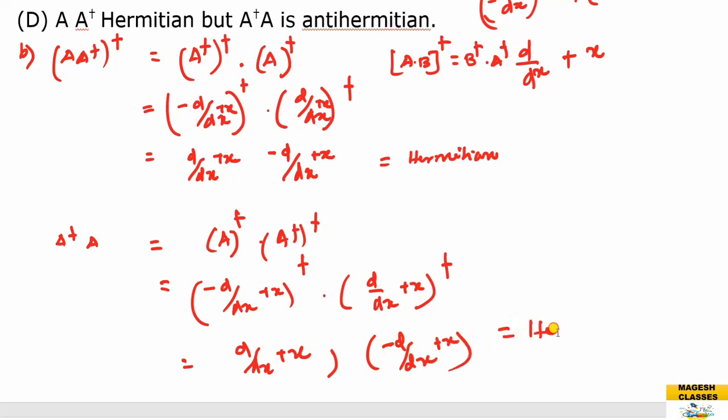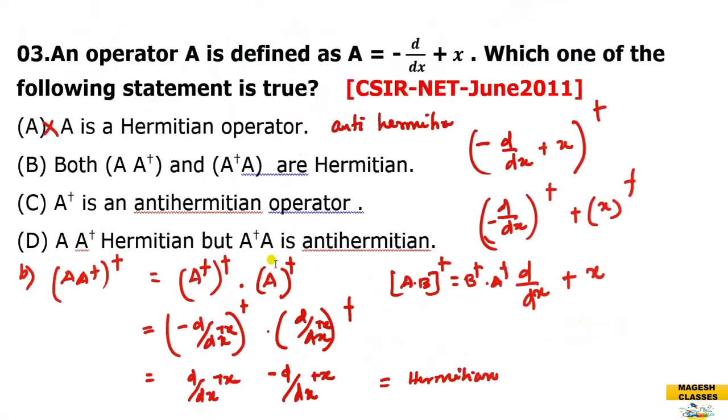So it is Hermitian. So A into A dagger and A dagger into A are Hermitian. Correct statement. Option C: A dagger is an anti-Hermitian operator. First statement, you can find that A dagger is Hermitian, but A dagger is anti-Hermitian. So it is also wrong statement. Our answer is B.